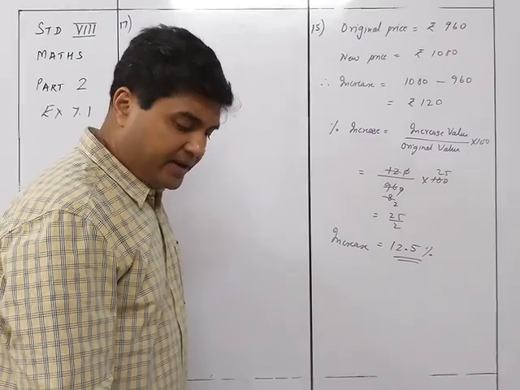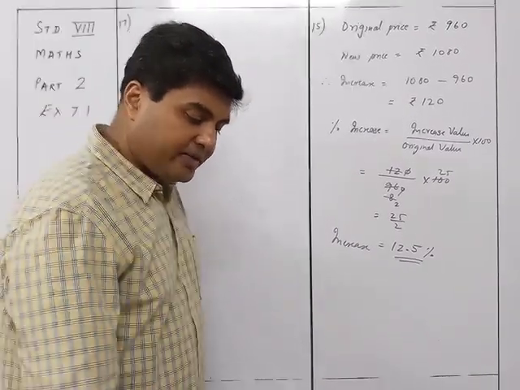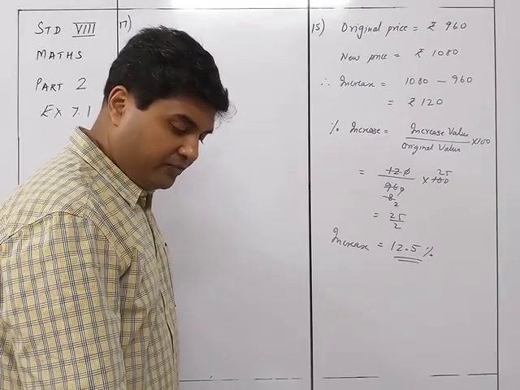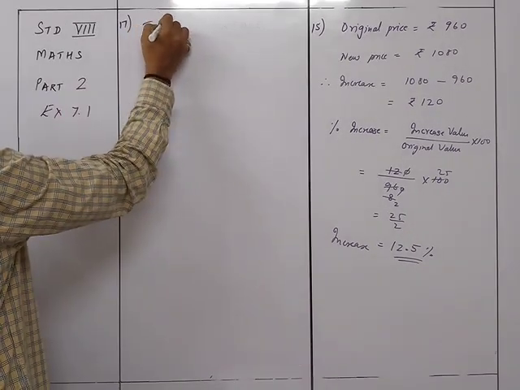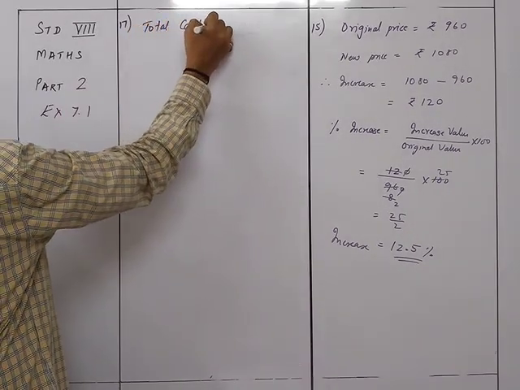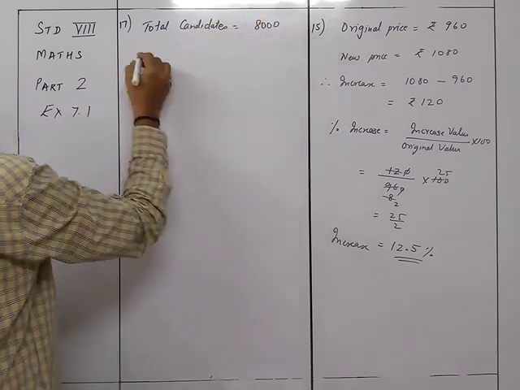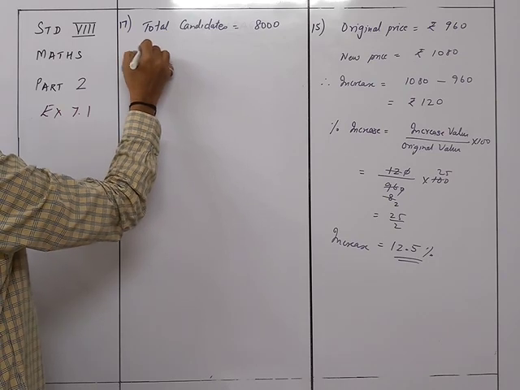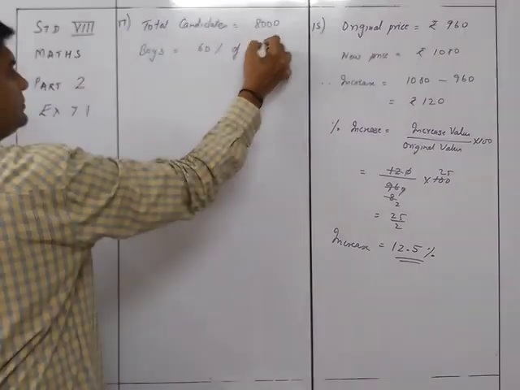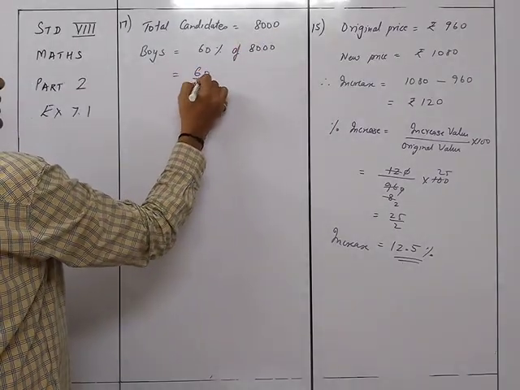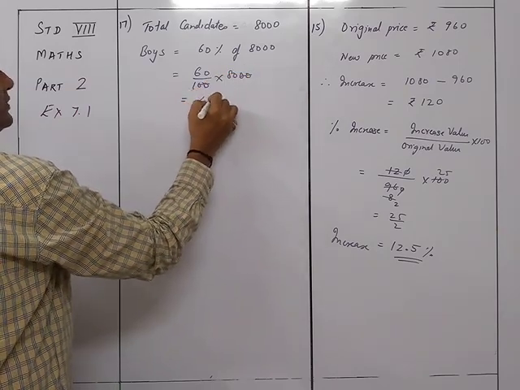Out of 8,000 candidates, 60% were boys. If 80% of the boys and 90% of the girls passed the exam, find the number of candidates who failed. So let's first find total candidates, which is equal to 8,000. Boys is equal to 60% of 8,000, which is 60 upon 100 into 8,000, equal to 4,800.